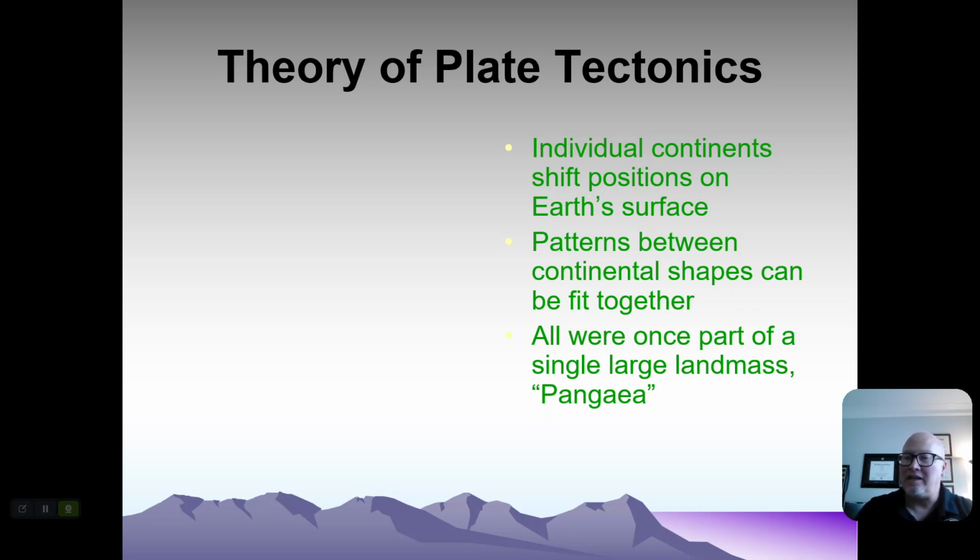So if uneven heating is working in the fluid, then you have these convection currents going in the mantle. The Earth's crust and the top part of the mantle, the solid lithosphere, are floating around on the asthenosphere, and they're moving because of convection currents.